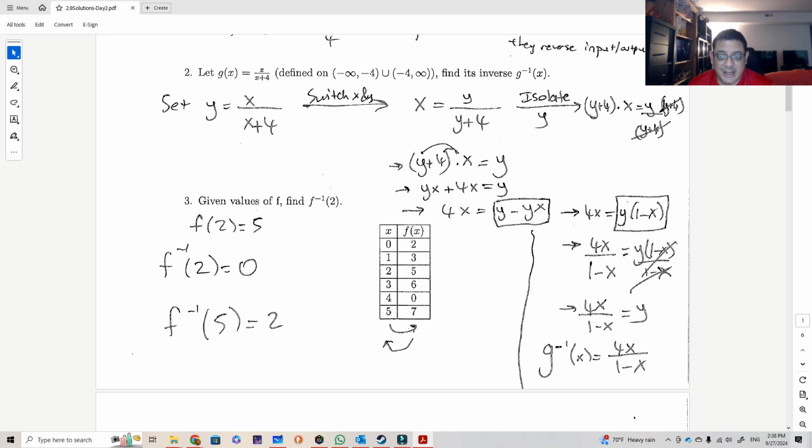Remember, in the same fashion that f of 2 is 5, then f minus 1 of 5 is 2. So remember, we're going back and forth. So if they're asking you what is f minus 1 of 2, look for those points that are actually going to provide me 2 on the output of f.